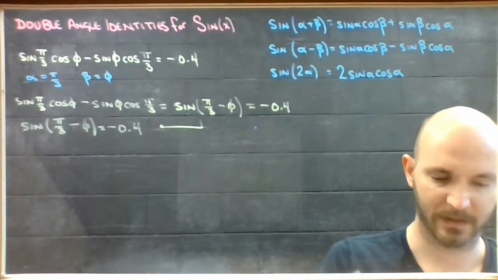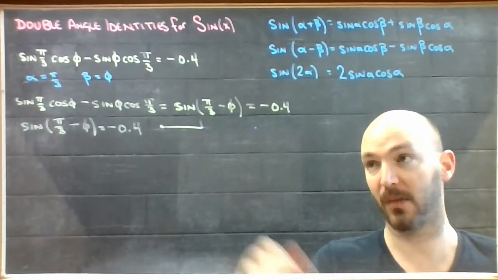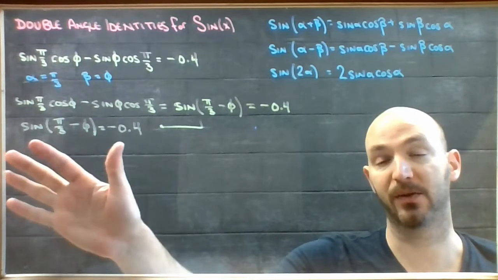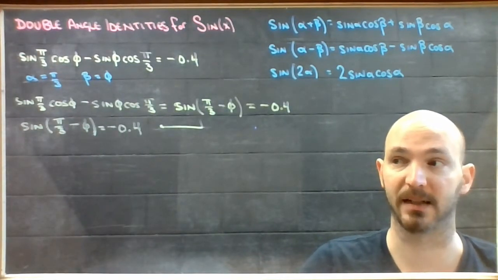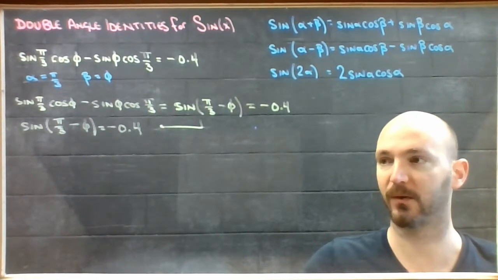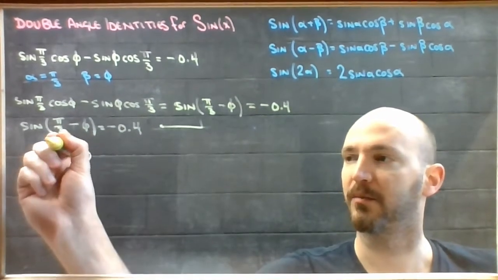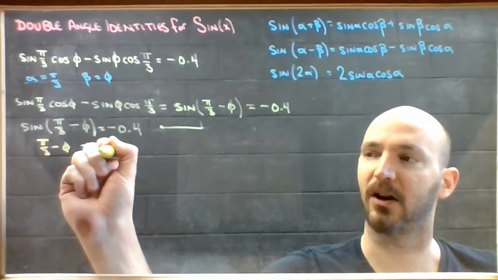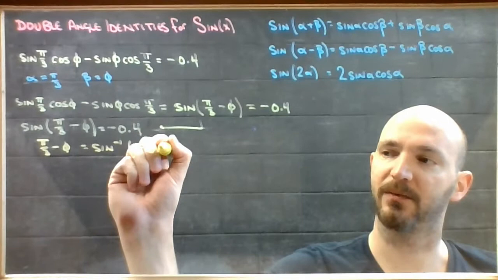All right, so I've taken this really monstrous equation and I've rendered it down to a single sine. And now I just have to solve this using the normal techniques I've been using. So I'm going to have to pull an arc sine, pull that over to the other side, so that pi over 3 minus phi is the arc sine of negative 0.4.